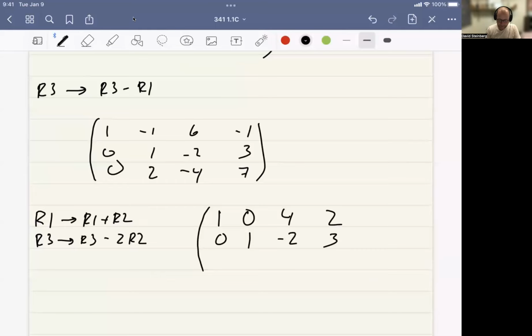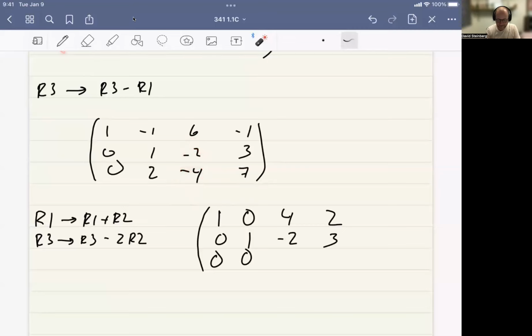We've got 0 minus 2 times 0, that's 0. We've got 2 minus 2 times 1, that's 0, as by design. Now I've got to be careful, we've got real arithmetic. We've got -4 minus 2 times -2.